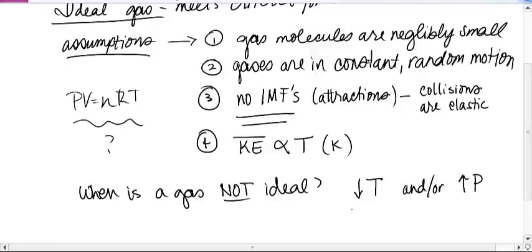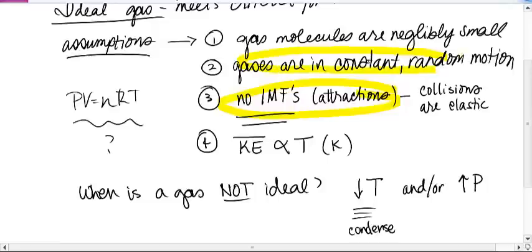And think about this. If the temperature is really, really low, that gas could get close to condensing. If it gets close to condensing, that means there will be attractions between them. It means that the gases won't be in constant random motion because they're slowing down. So that's not going to be holding true.